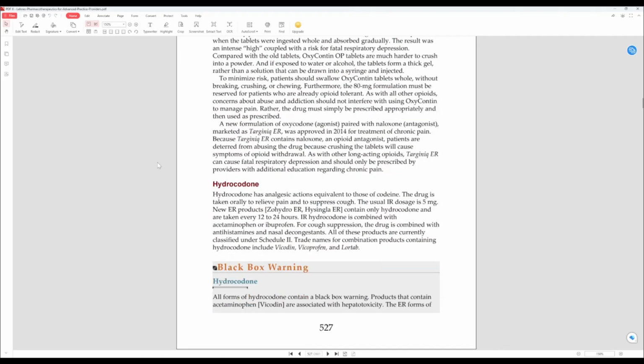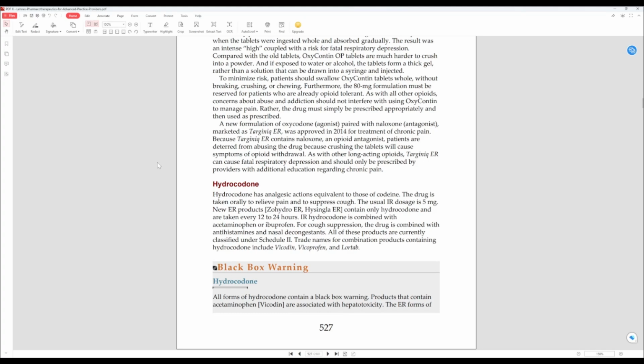A new formulation of oxycodone paired with Narcan, marketed as Targiniq ER, was approved in 2014 for the treatment of chronic pain. Because the medication contains Narcan, an opioid antagonist, patients are deterred from abusing the drug because crushing the tablet will cause symptoms of opioid withdrawal.